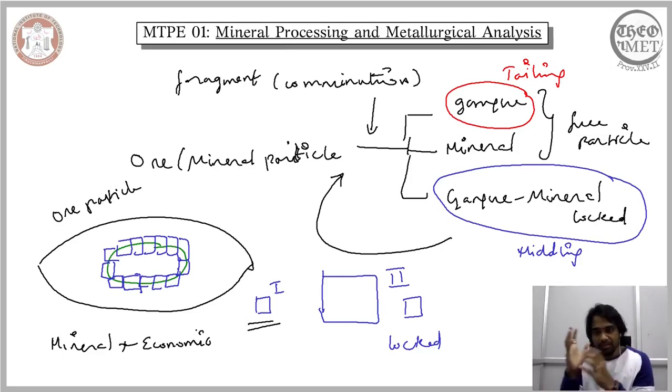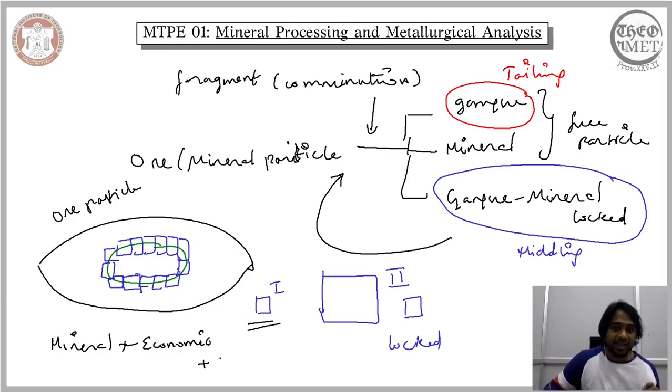We need to have a point at which we stop the subsequent comminution of the locked particles, and this is decided by our ability to efficiently handle the particles that come out of the fragmentation.